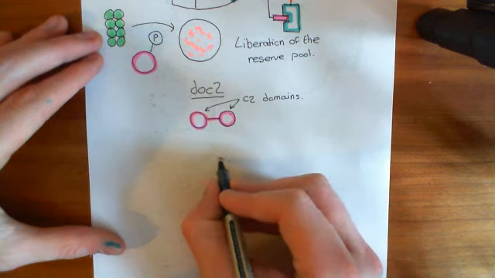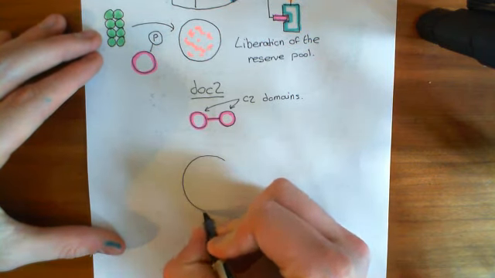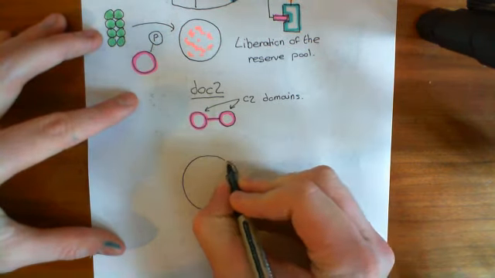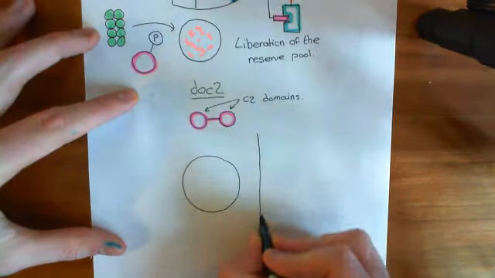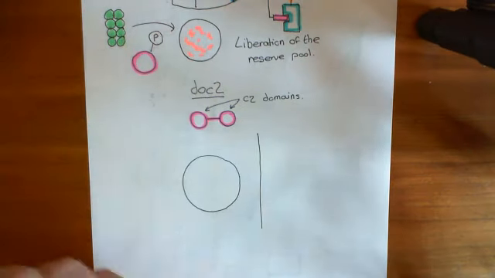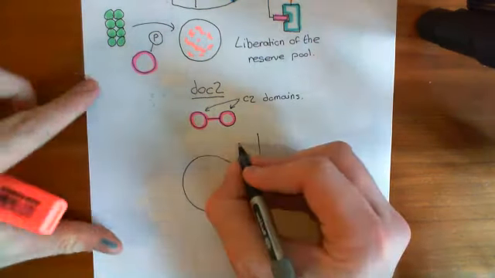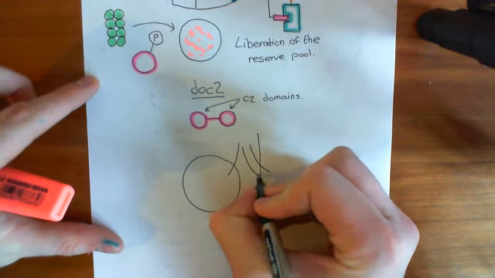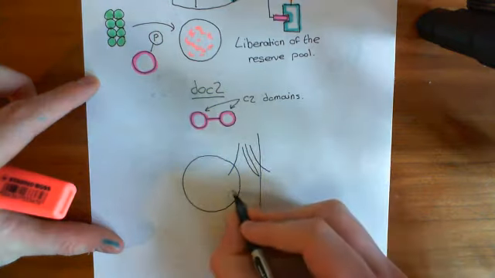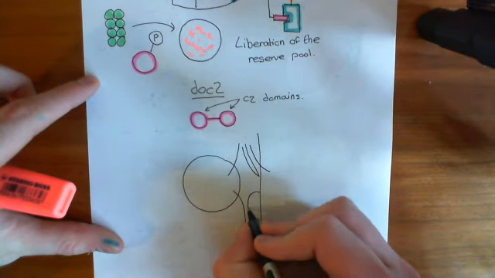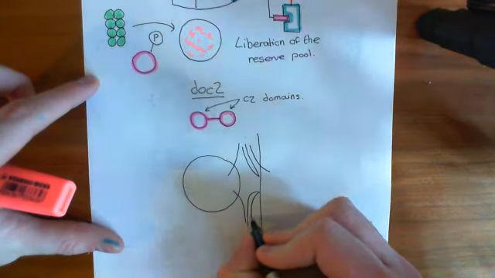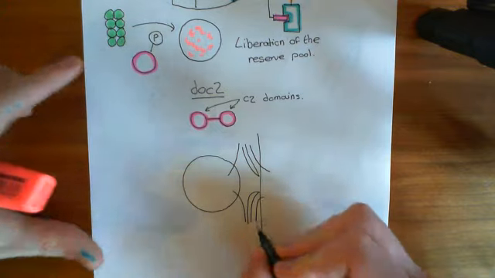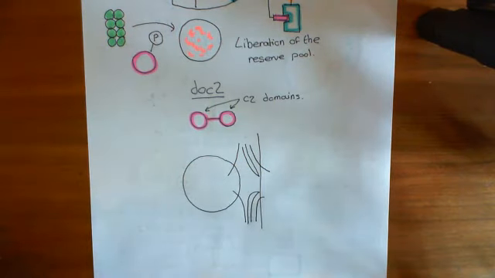So let me show you the docked synaptic vesicle. So here's our docked synaptic vesicle. This is our synaptic vesicle that's come over from the reserve vesicle pool, and it's now docked with the plasma membrane. So here are these core SNARE complexes that have formed. Synaptobrevin is the V SNARE, and then the two T SNAREs are syntaxin 1 and SNAP25.